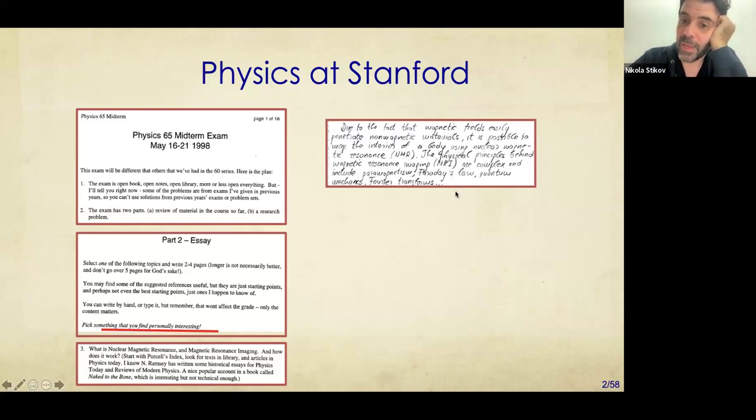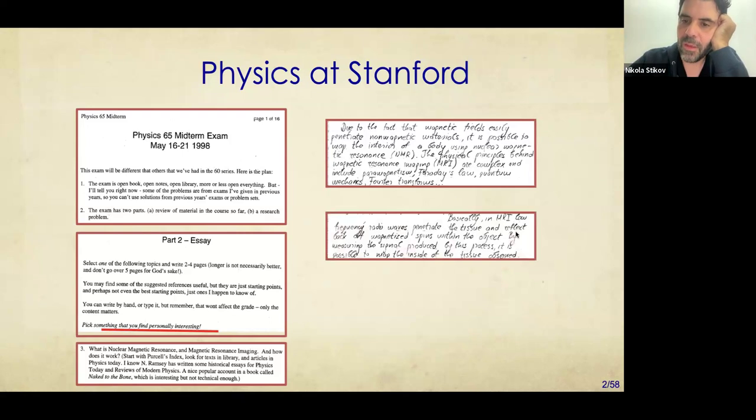The physical principles behind magnetic resonance imaging, MRI, are complex and include paramagnetism, Faraday's law, quantum mechanics, Fourier transforms. I think that was the most appealing part about MRI. It's a very interdisciplinary topic. And basically, whatever field you're studying, there is an aspect of it that is related to MRI.